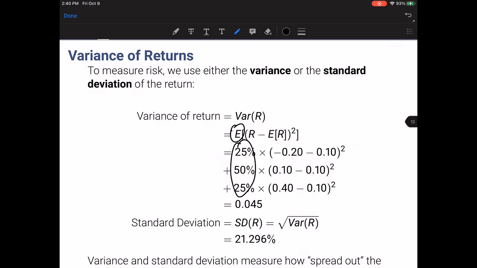And as I stated already, the variance is capturing the deviation of the return for that particular state away from the mean and then squaring it. That's why you see the square here, and that's why we see the mean here, right? We're subtracting the mean from the realized values of negative 20%, 10%, and 40%. And so the standard deviation is simply the square root of the variance.